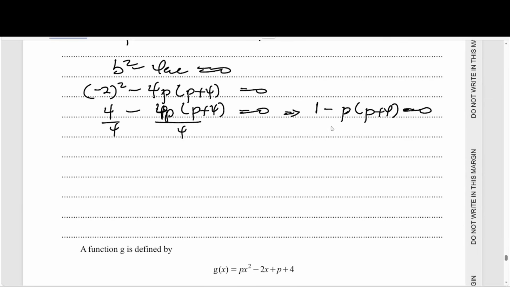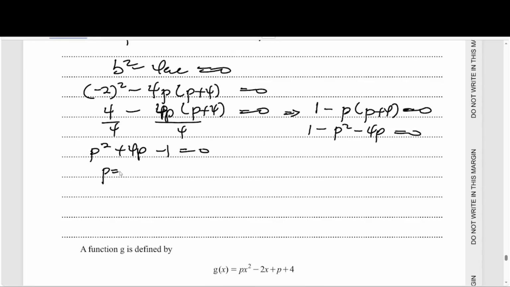That becomes the result. So let's expand. We have 1 minus p squared minus 4p is equal to 0. Or we can equally write as p squared plus 4p minus 1 is equal to 0. Then we use the quadratic formula to find the root, since we can't use factorization.